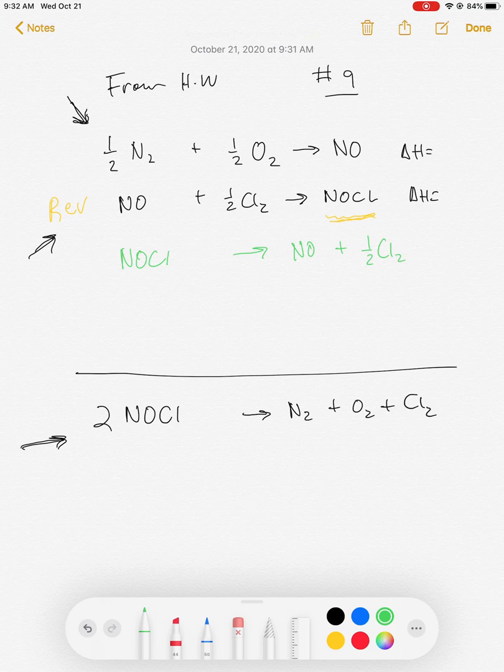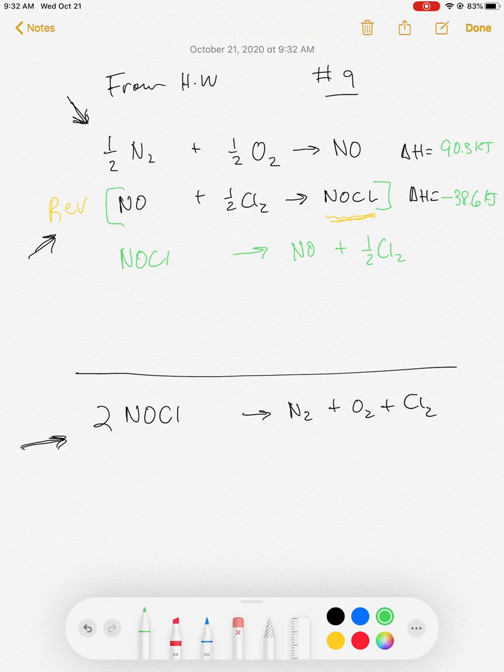Now we were also told that the first equation, as written, is 90.3 kilojoules. And the second equation, as written, is negative 38.6 kilojoules. All right? So already we have taken that second equation and we have reversed it.